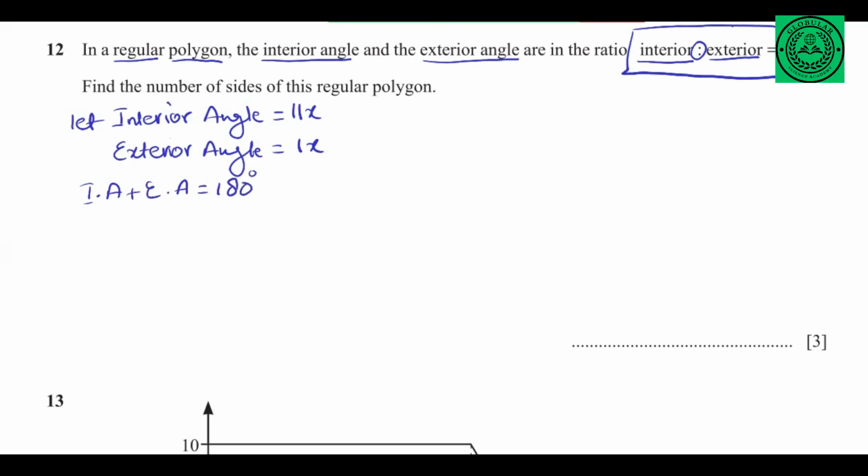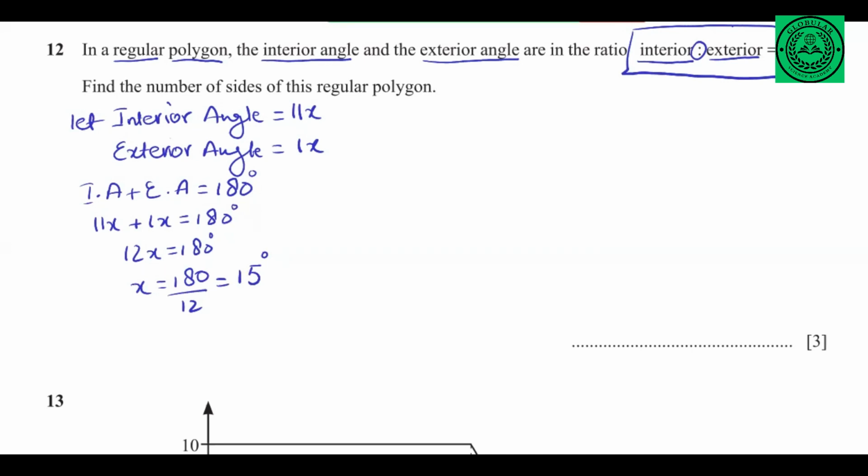Now, if interior angle is 11x and exterior angle is 1x, which turns out to be equal to 180, so we have 12x equals 180 and x turns out to be 180 divided by 12, which gives us nothing else but 15 degrees. So one exterior angle is 15 degrees.